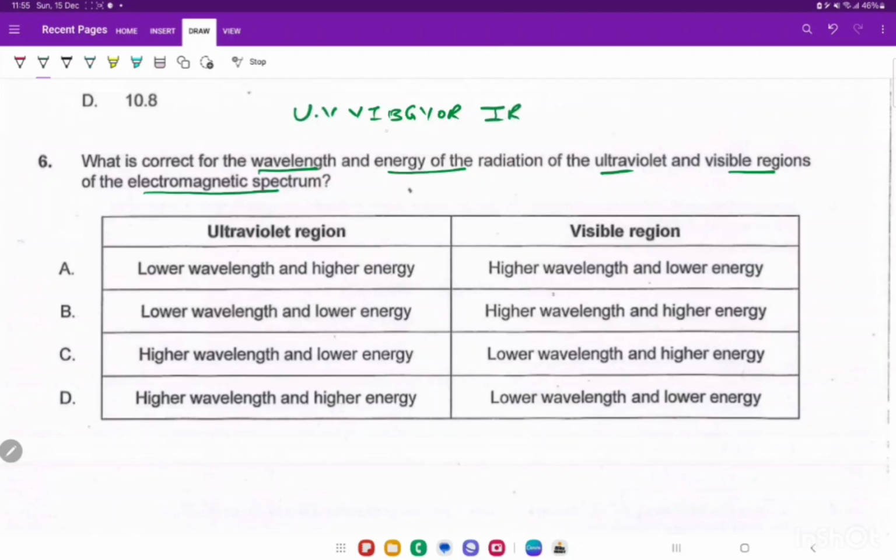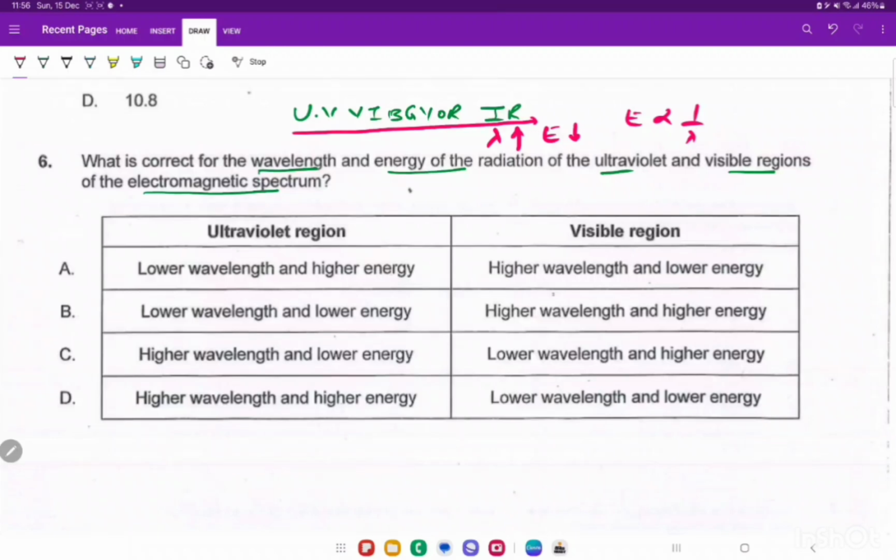As I'm moving from violet to red, wavelength is increasing and energy is decreasing. Moving from UV to IR, lambda is increasing and energy is decreasing because energy is inversely proportional to wavelength.